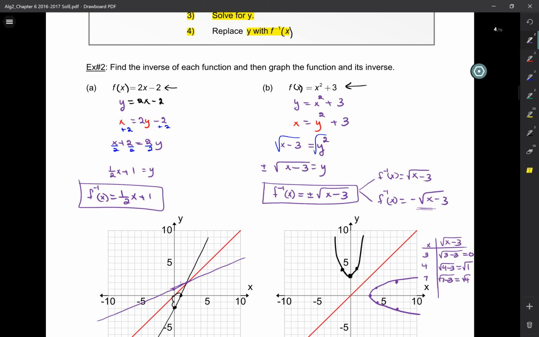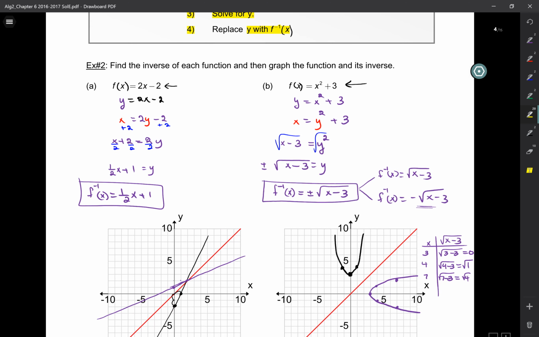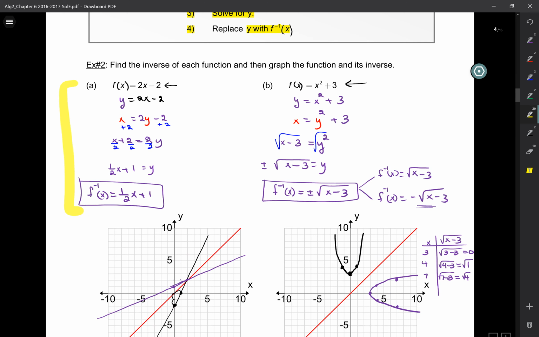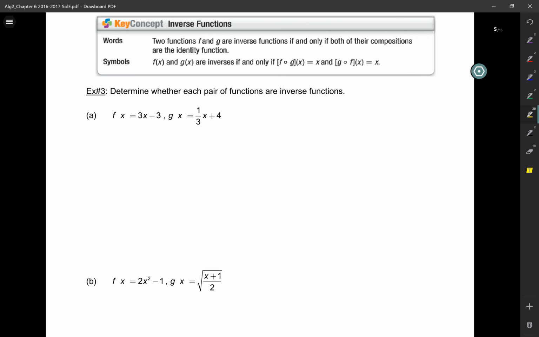What I want you to know how to do is this part. And what we're going to do next: reflections, but around that line.